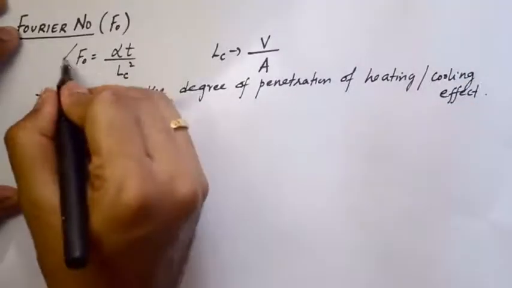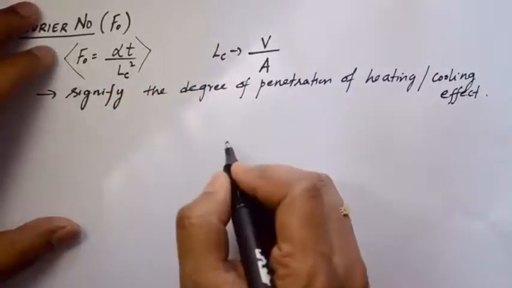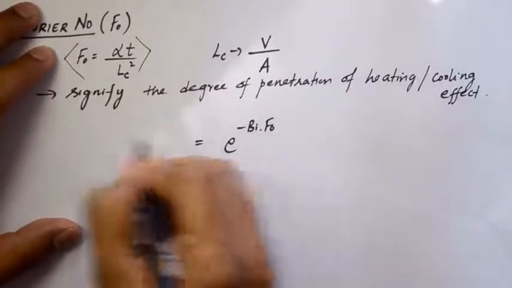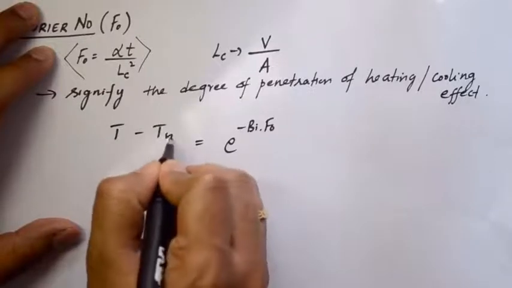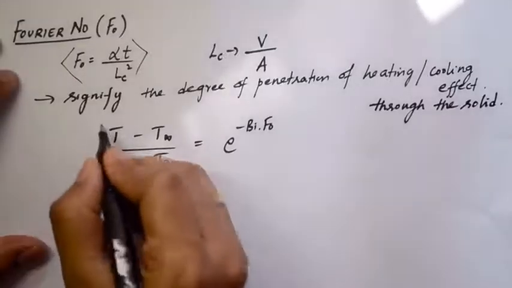So finding out this Biot number and Fourier number, we reduce the formula of temperature distribution as e power minus Biot number into Fourier number, where the left hand side will be the temperature distribution equation.